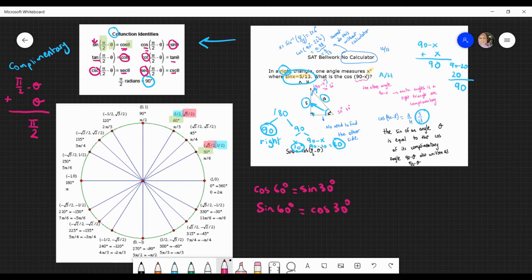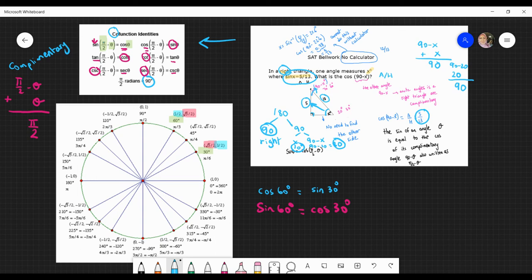Now, it's not going to be as simple as cosine and sine of 30 and 60 degrees. It's going to be a little more complicated when we work on our objective, which is simplifying trig expressions, but we will definitely see together how we can use those co-function identities in simplifying trig expressions.